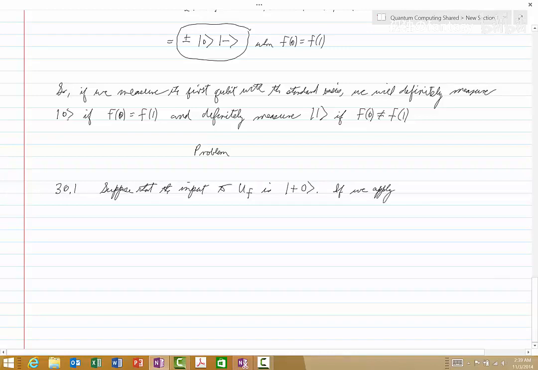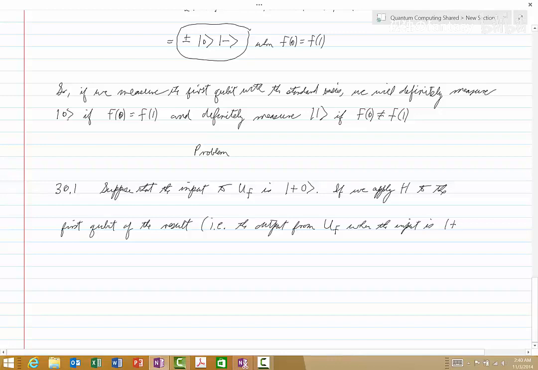Let's just say if we apply H to the first qubit of the result, and what I mean by result is the output from U_f when the input is plus 0. That's what I mean by the result.